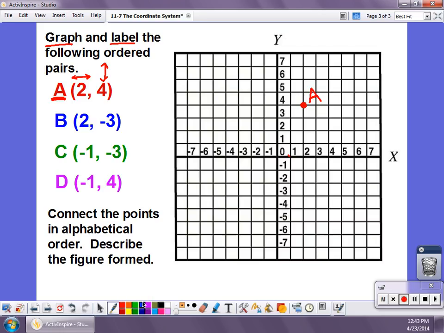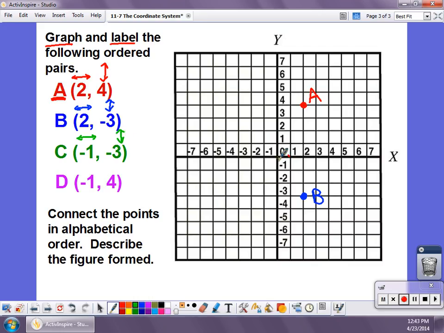Let's do the same thing with B. Remember, first number, left or right, second number, up or down. So it's 2 to the right, and negative 3 means I'm going to go down 3. And I'm going to put a dot there, and I'll label that B. C. My first number tells me left or right, second number up or down.